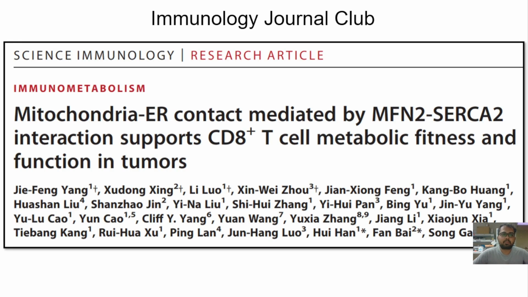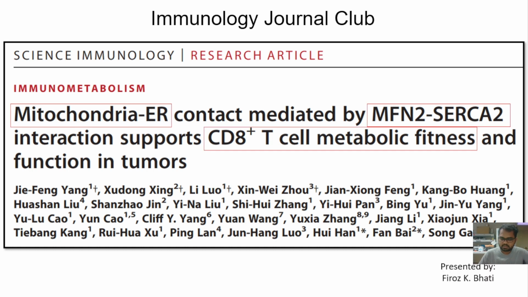So today the paper which was recently published in Science Immunology is entitled Mitochondrial-ER contact mediated by MFN2 and SERCA2 interaction supports CD8 T cell metabolic fitness and function in tumors.